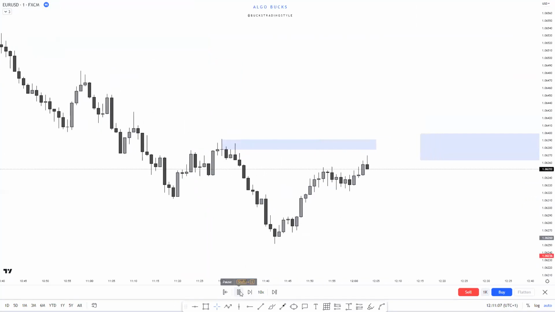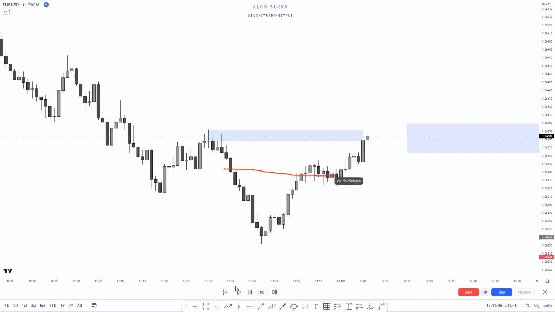I was looking at, I think it was here. This is the level right here. So I was looking at this fake POI inducement.